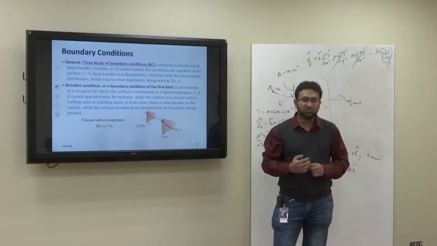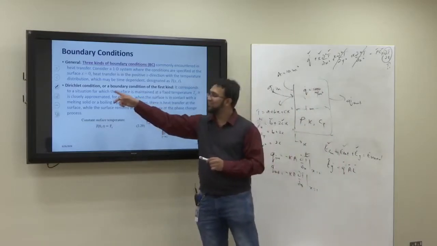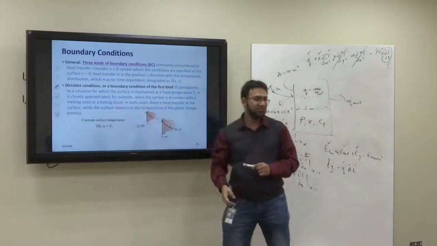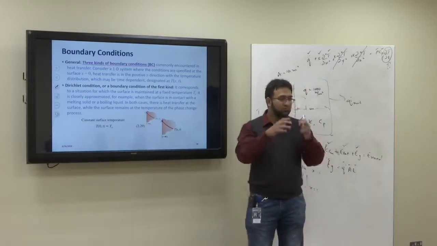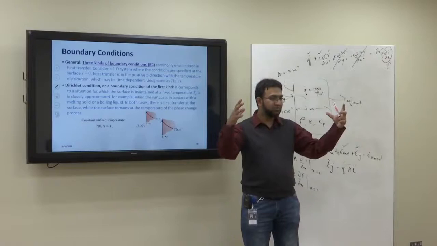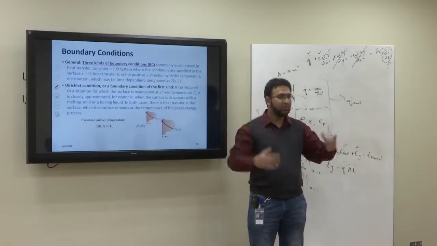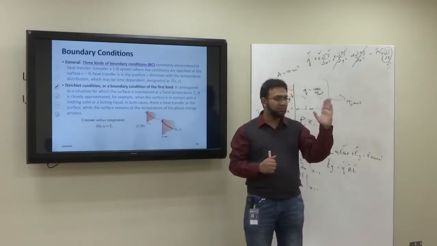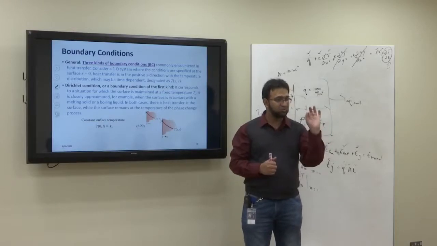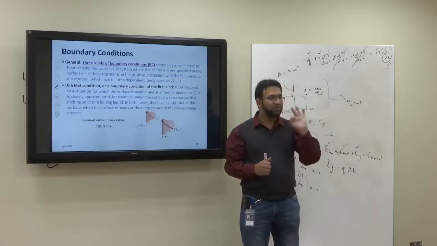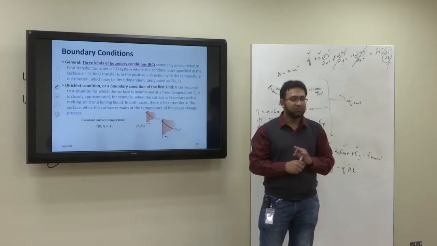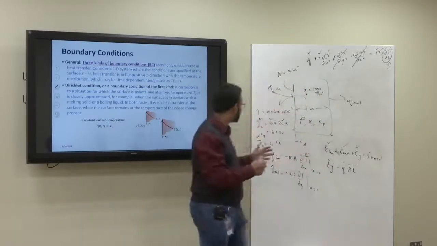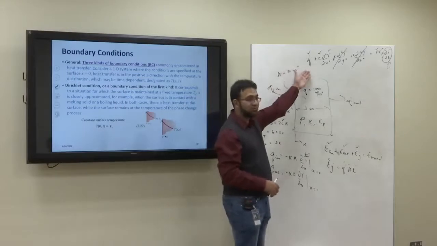One boundary condition is known as the Dirichlet condition. The Dirichlet type of boundary condition is that if you want to solve for the temperature within the complete body, and at any one point temperature is known, then that kind of boundary condition is known as Dirichlet boundary condition. We have this kind of equation.